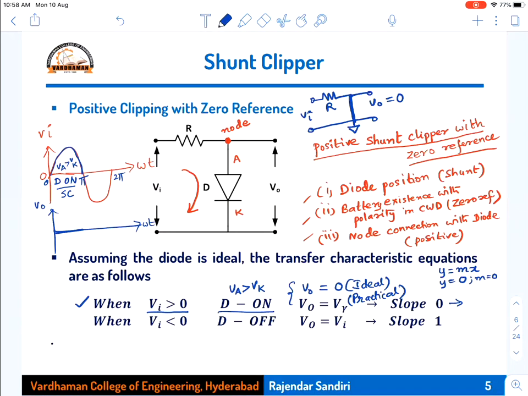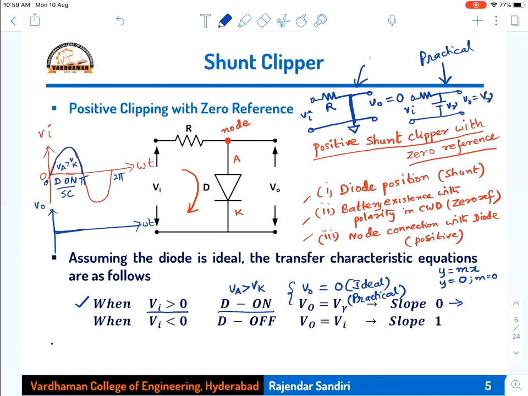If it is a practical case, then your diode is replaced by a battery of V gamma, so that the output voltage V0 is equal to V gamma. This is in case of practical. The diode is replaced by a short circuit, nothing but its internal voltage is represented there, V gamma.